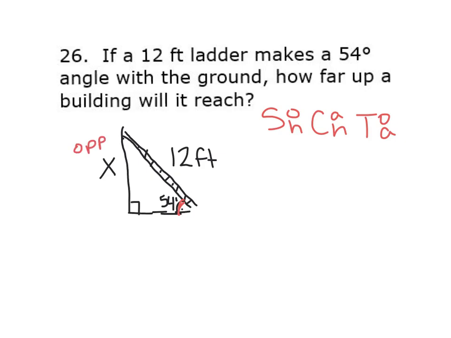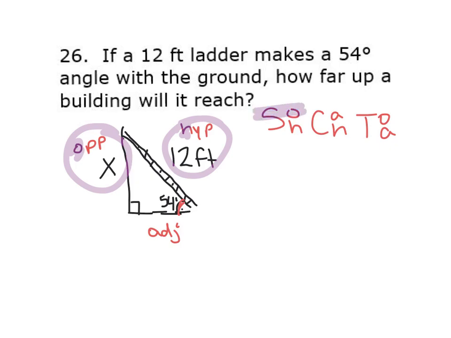X is my opposite. 12 is my hypotenuse. And then the ground would be my adjacent. I know what the hypotenuse is. I also need the opposite. So I'm looking at H and O.